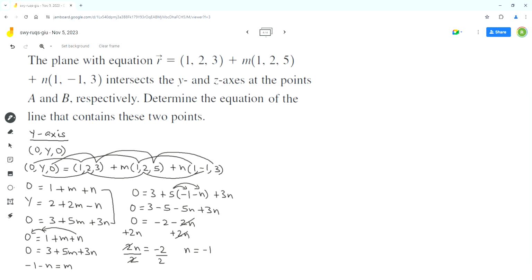Next, we can sub in this value of n in this equation here to find the value of m. -1 minus -1 is equal to 0. So m is equal to 0. Now we can sub in these n and m values in this equation here to find the value of y.